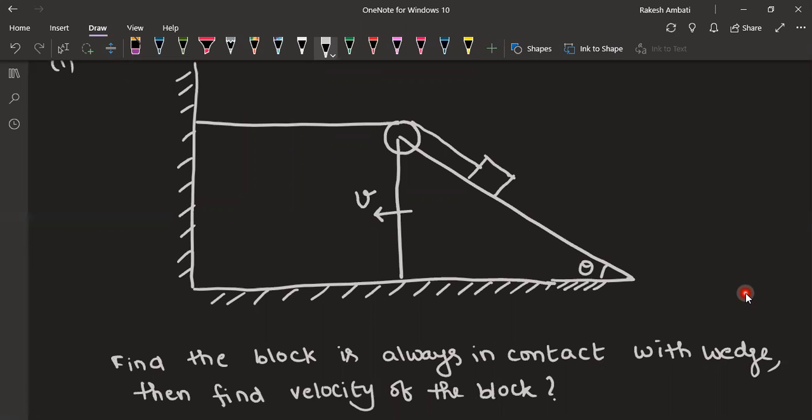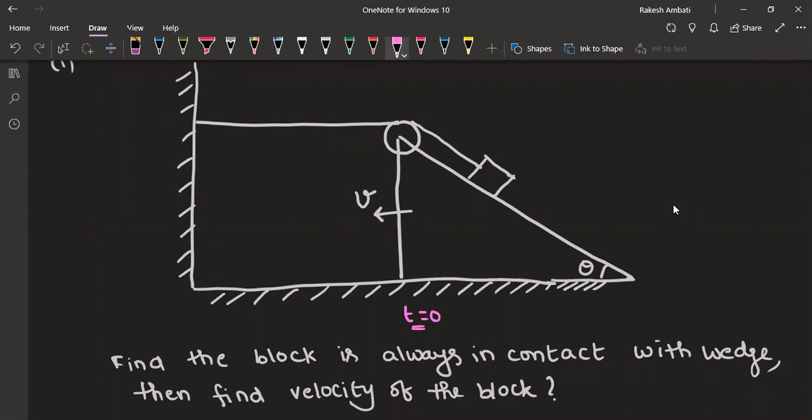So in this question, this block is not losing contact. The block is always in contact with the wedge. So if the wedge is moving to the left side, now we have to find out the velocity of the block. For example, at the time t equal to 0, the wedge is over here.